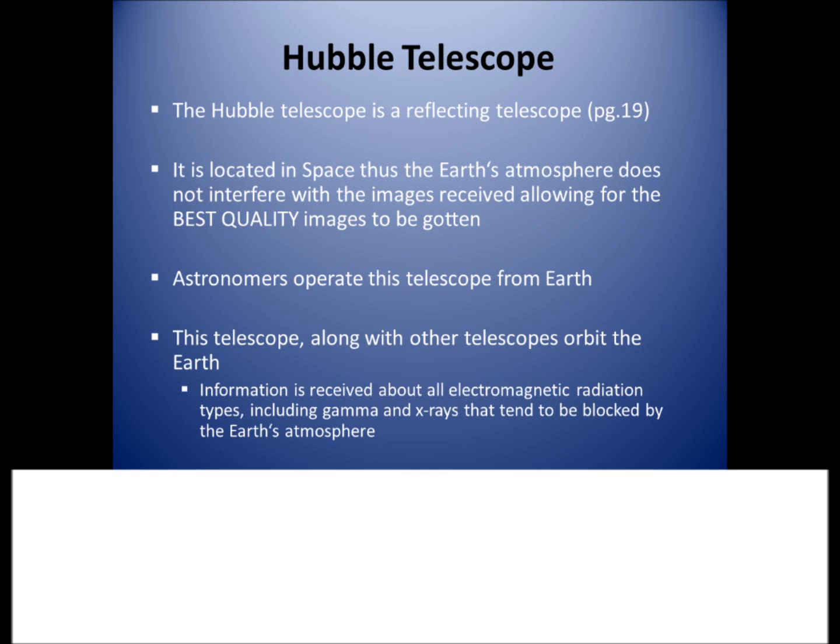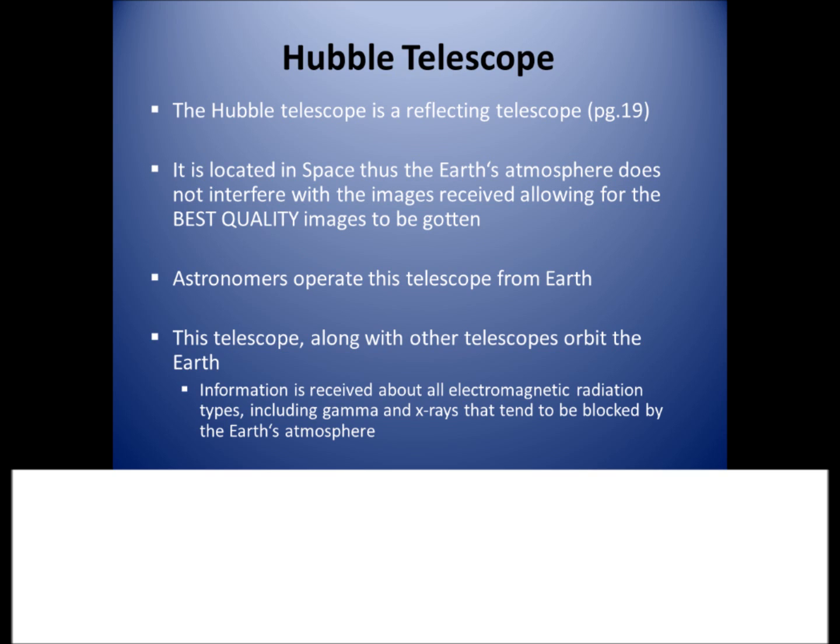The last page in this section, page 19, talks about the Hubble telescope. The Hubble telescope is operated from Earth, however it is located in space. Thus, the Earth's atmosphere does not interfere with the quality of the images, so you're going to receive the best quality images possible.